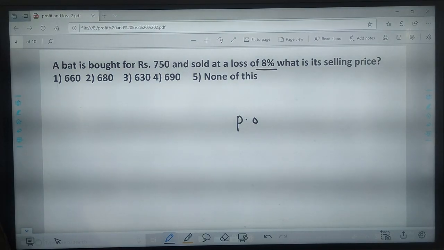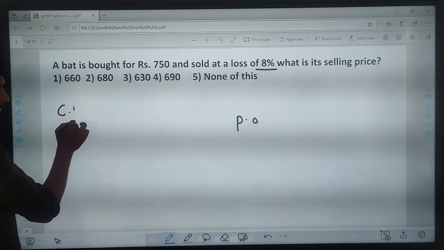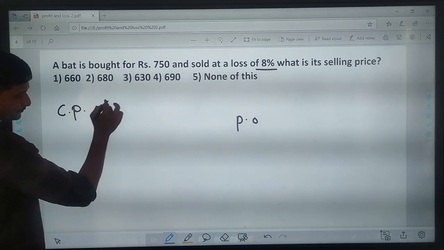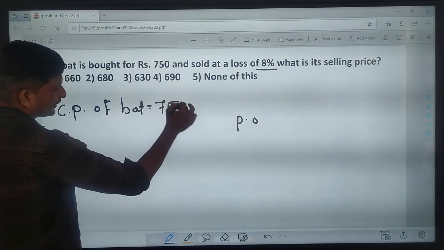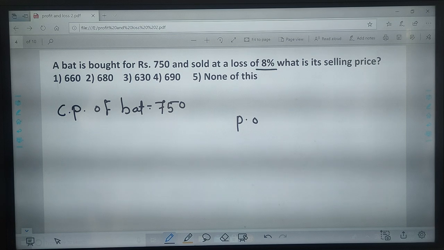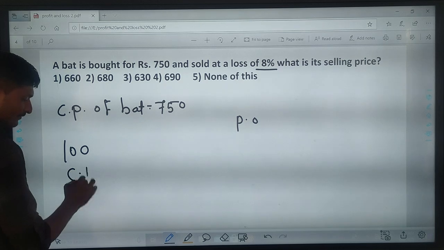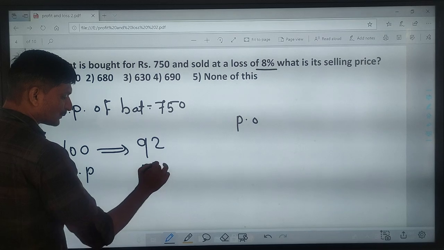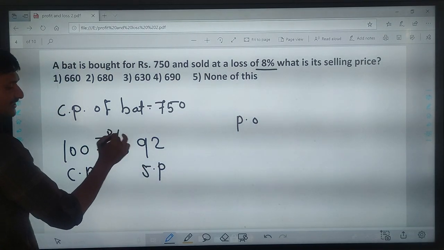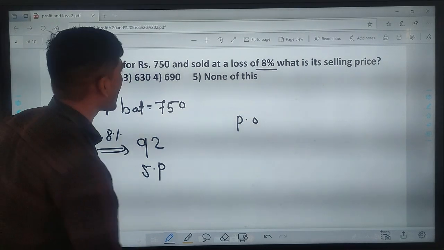Here, the cost price of the bat is 750. Sold at 8% loss. Then your CP is 100, then SP is 92.